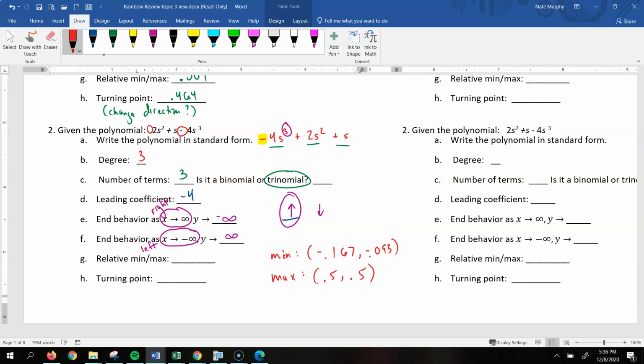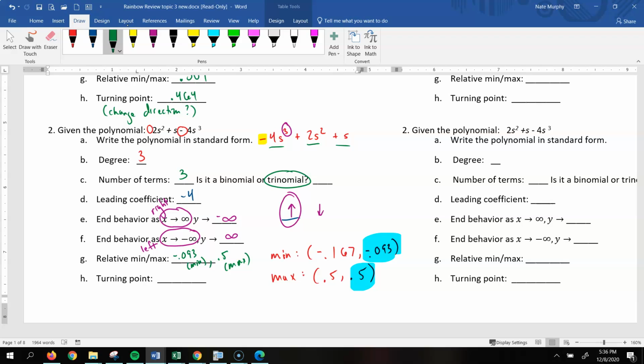And so as far as the relative minimum, the relative maximum, that's referring to the y values. So that is going to be both of these answers. So we would have a relative minimum at negative 0.093 as your minimum value, and then our maximum value would be 0.5.